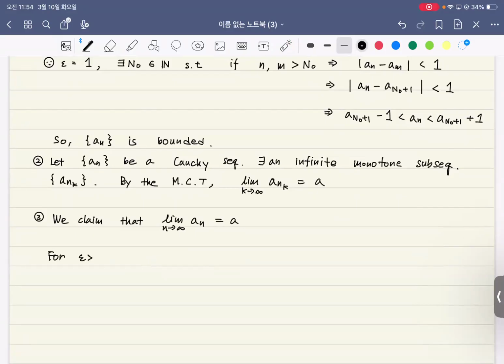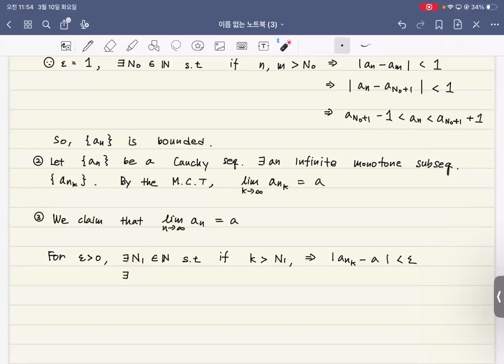For epsilon, there is n1 such that if k is greater than n1, |a_{n_k} - a| is less than epsilon. The existence of such an n1 is given by this convergence. And since we know a_n is also a Cauchy sequence, there is another number n2.